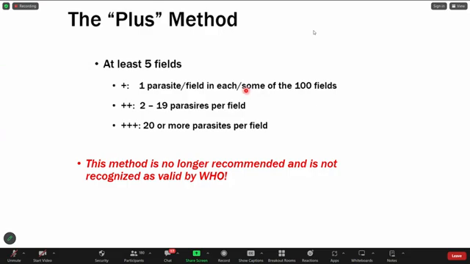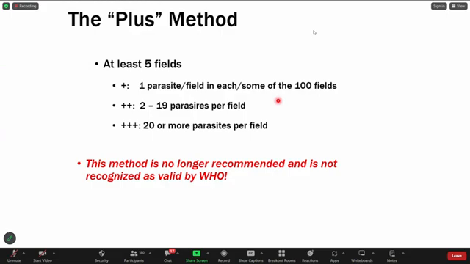When you are going to use the plus method, count the parasites in a number of fields. If they are few, you can go up to 100 fields and then determine the average number of parasites per field.